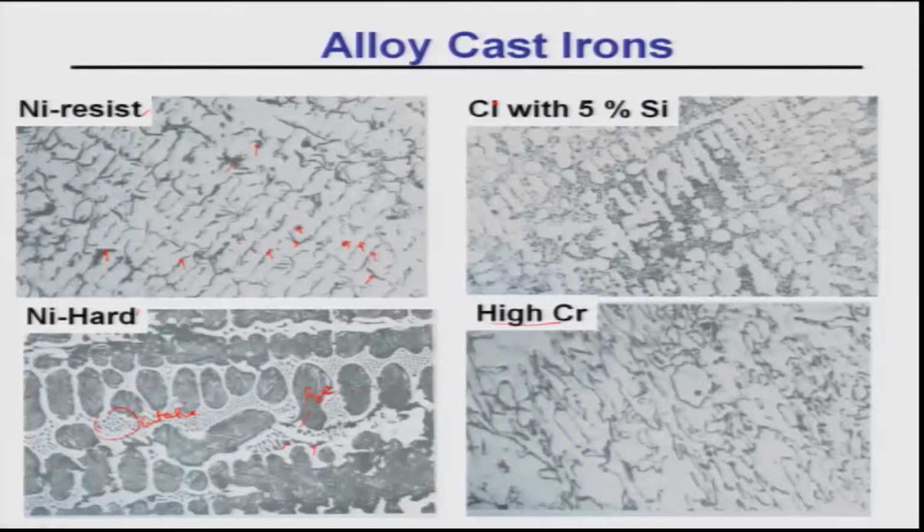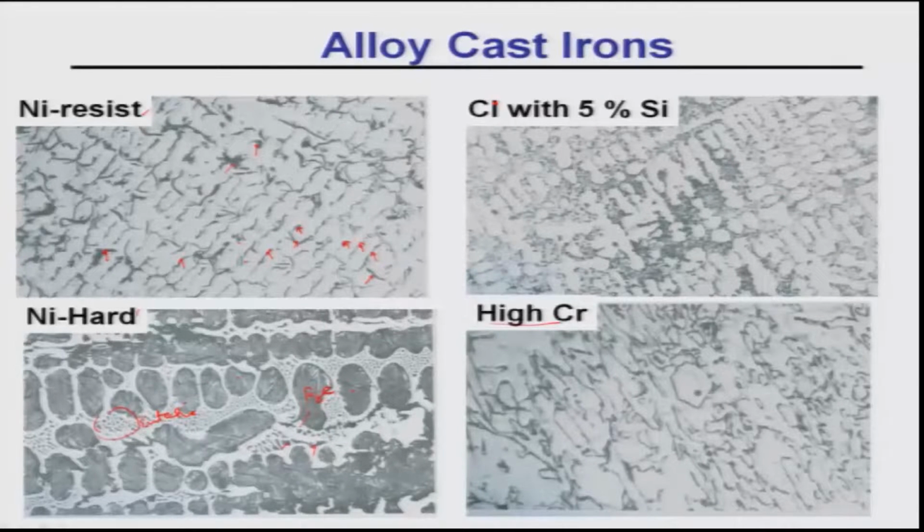Not only that, silicon and this gamma can be stabilized, because in this particular case nickel is also added quite a lot, that is why gamma is stabilized. So, you have gamma plus graphite flakes present in this microstructure.